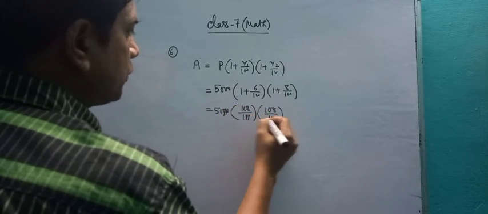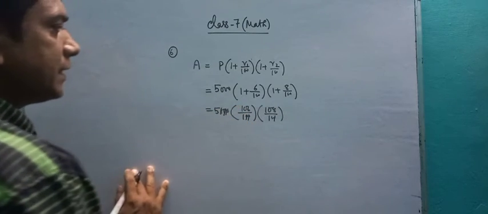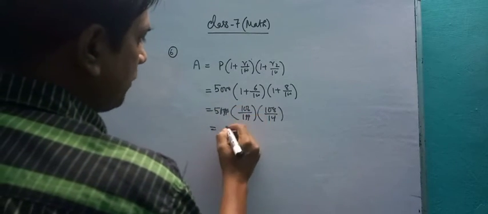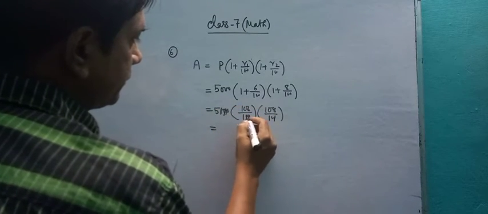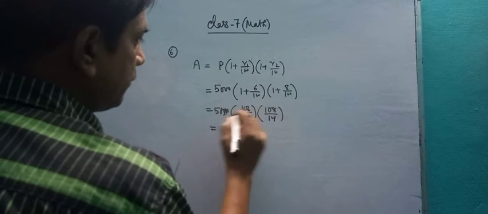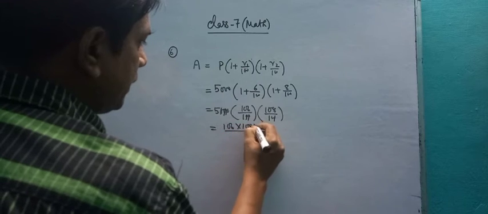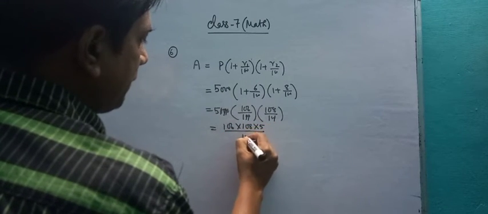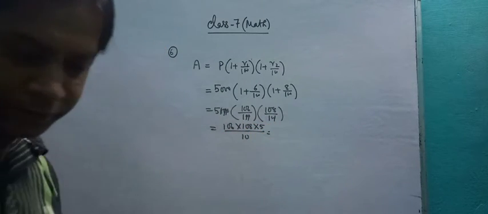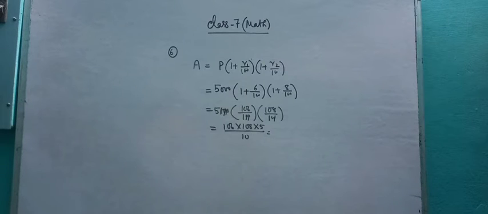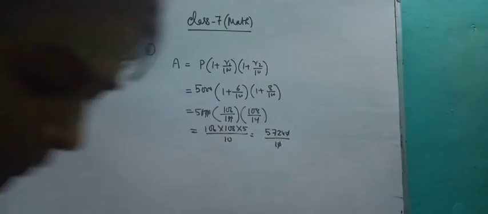The 0s we cancel. So after that you can do the multiplication. 106, 108 divided by, into 5 divided by 10. Whatever answer you get, this answer will be 57.